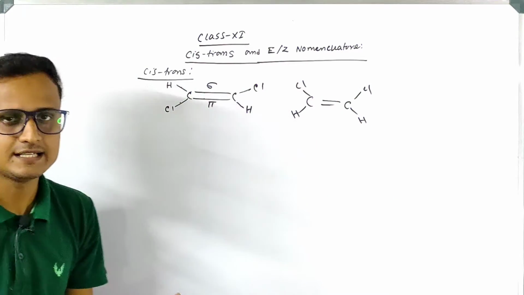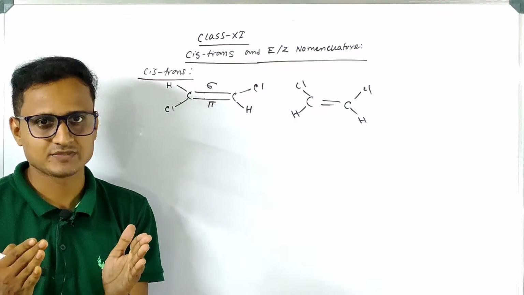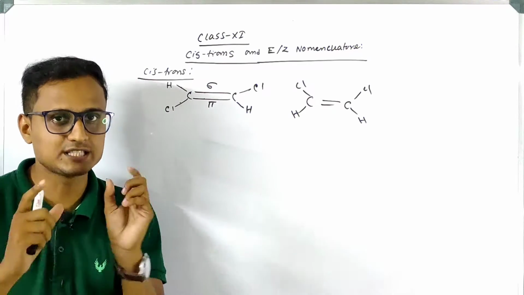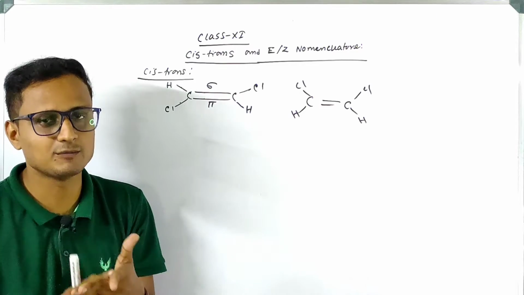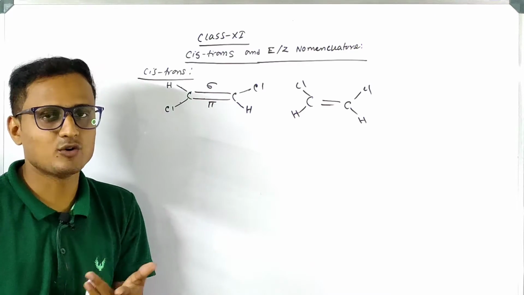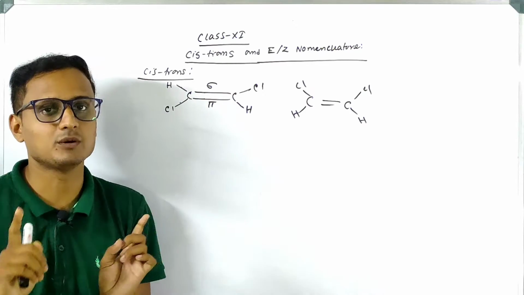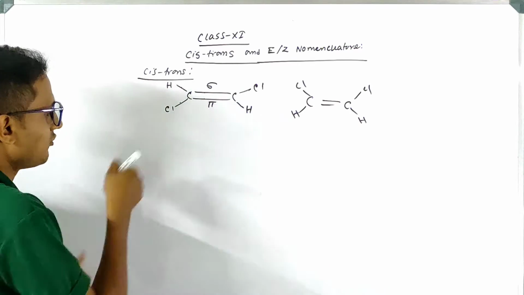Simple rule is there. When two similar groups are on the same side of a double bond, it is cis. When two same groups are on the same side of a double bond, it is cis. And when two same groups are on the opposite side of the double bond, it will be trans. Okay, so what is cis?